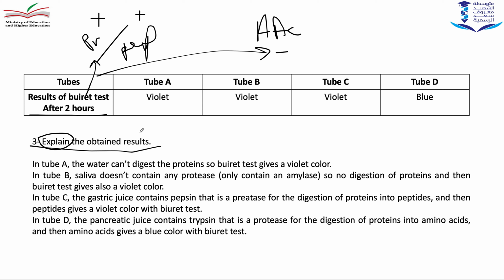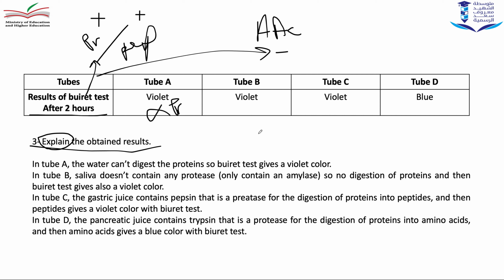Explain. Why do we obtain these colors? In tube A, the water cannot digest the protein, so the biuret test will give a violet color because the protein stays protein. No digestion here. In tube B, I have saliva, and saliva cannot digest proteins because it doesn't contain any protease.